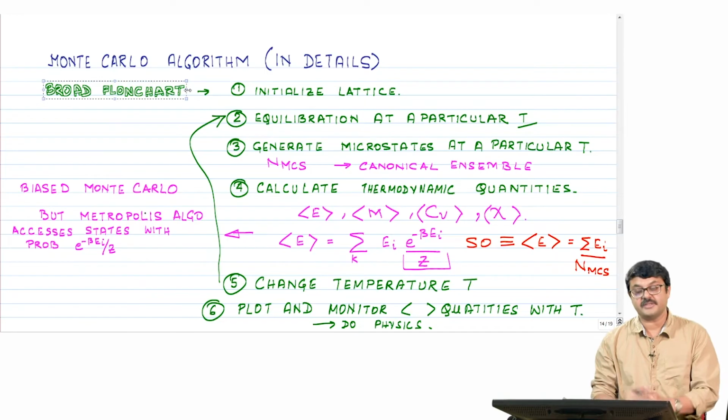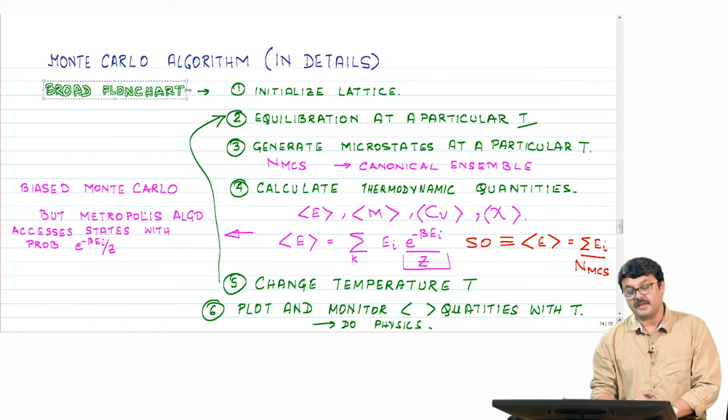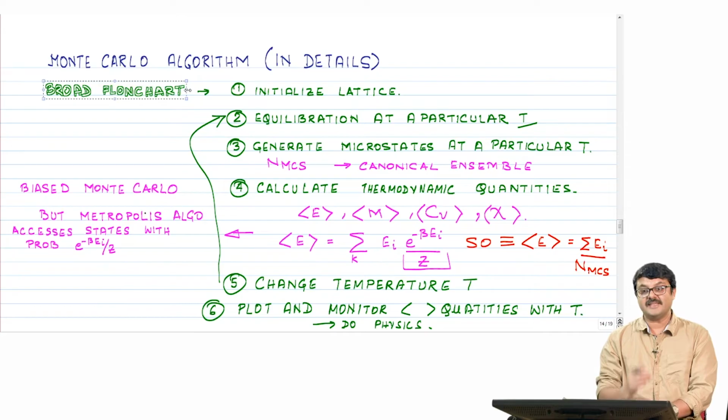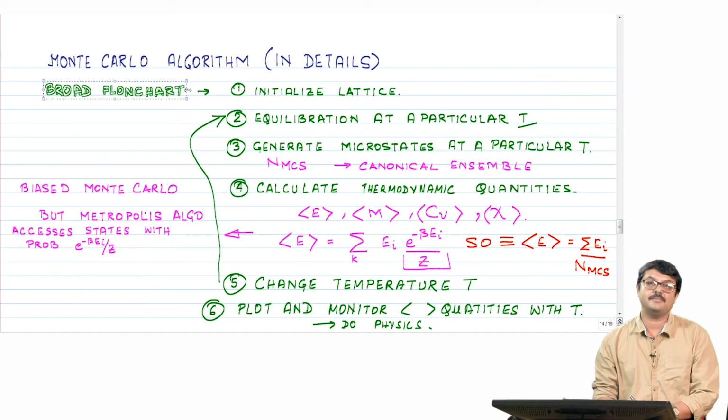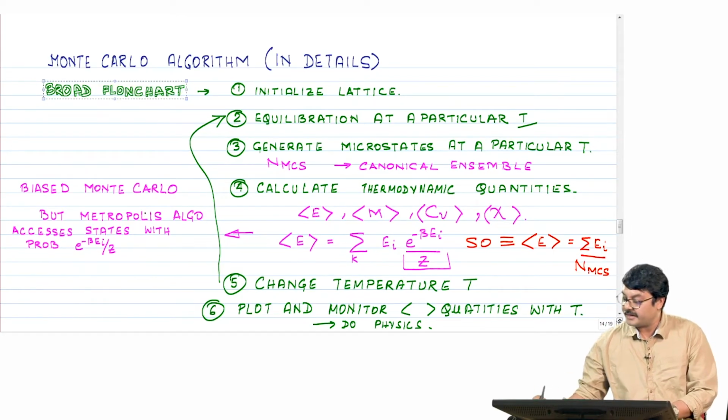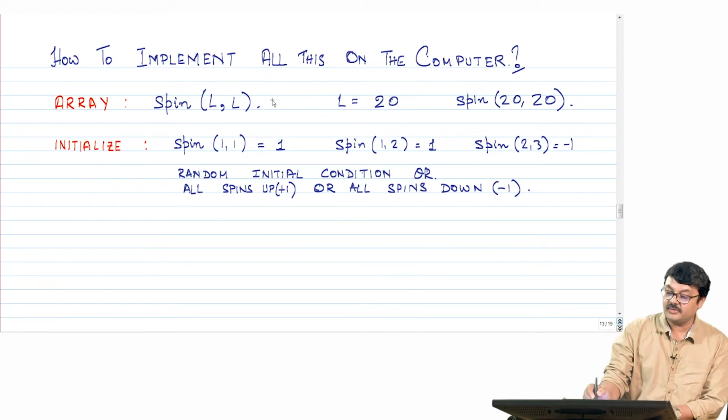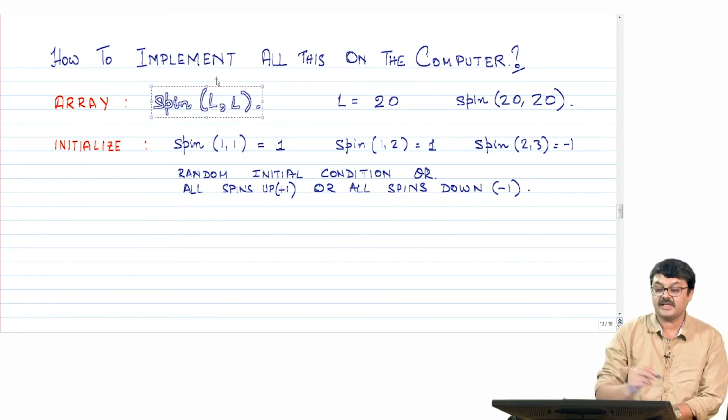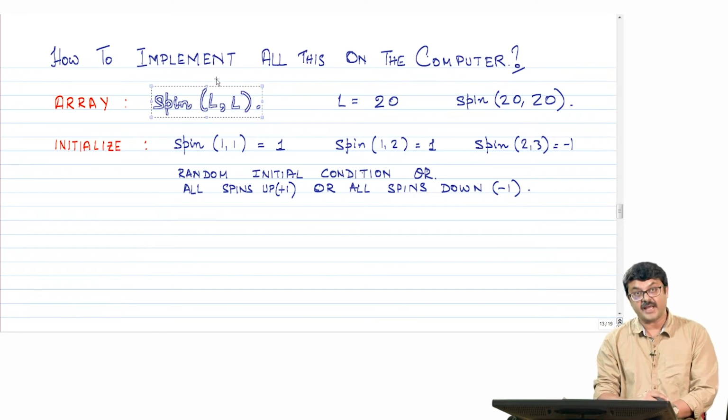or the algorithm for modeling the Ising model on the computer. As we discussed last time, spins on a lattice can be described by a two-dimensional array of L cross L, L being the size of the lattice.